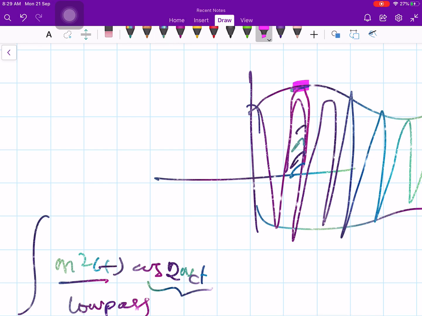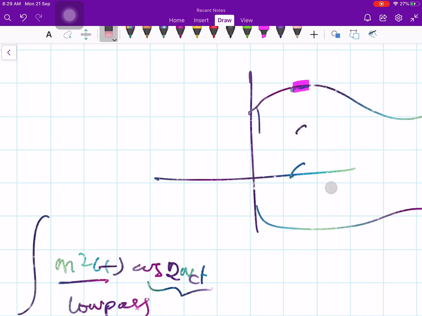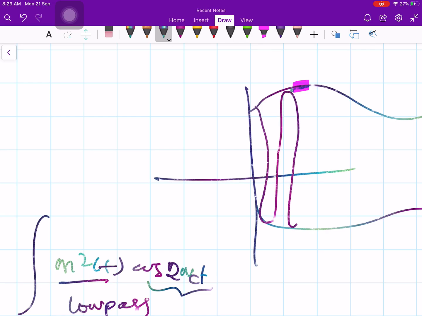In this portion, we said this height is constant. Therefore whatever area you have in the positive half cycle will be the same as the negative area. I did not draw the diagram properly.